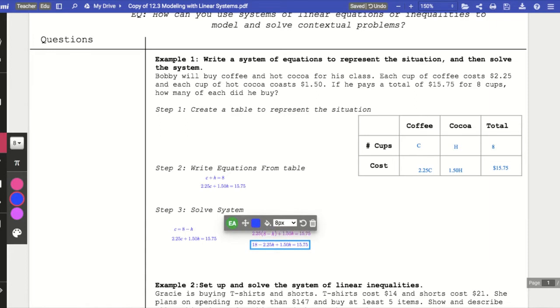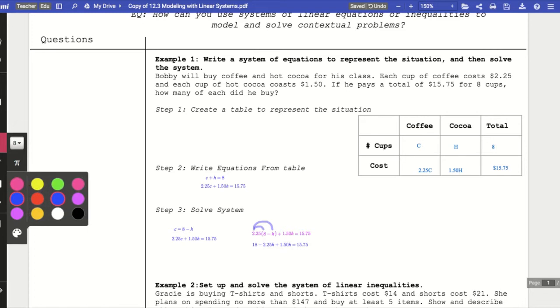Combining my terms, I'm going to have negative 2.25 plus 1.50, and that's going to be negative 0.75. So I'm going to have 18 minus 0.75H equals 15.75.